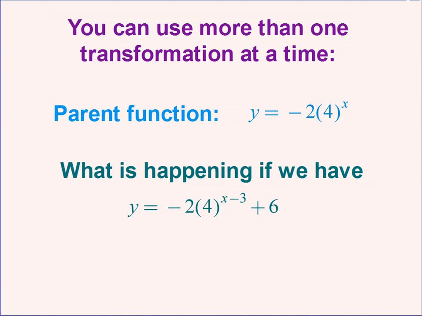Just a quick last note. It is possible to have more than one transformation at a time in a function. If our parent function was y equals negative 2 times 4 to the x power, and we subtract 3 from the x, and then add 6 at the end of the whole function, we're shifting this graph, or every point on that graph, to the right 3 units and up 6 units.